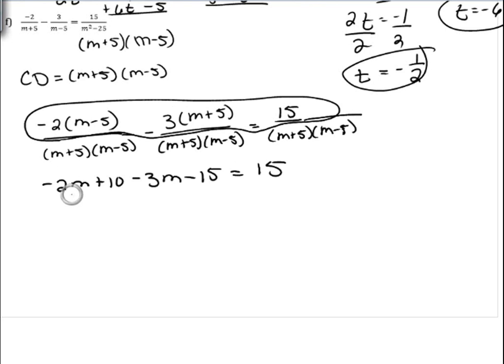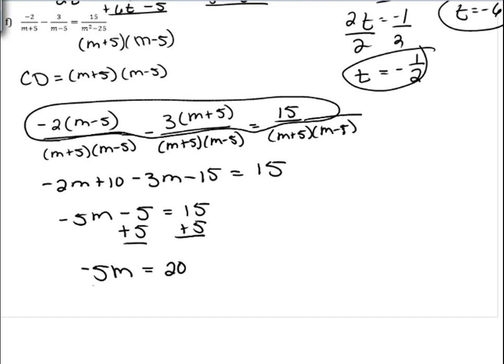Combining like terms, we have negative 2m and negative 3m, so that's negative 5m. 10 and negative 15 is negative 5, and it equals 15. Now we want to add 5 to both sides. That gives us negative 5m equals 20, and then we need to divide both sides by negative 5. This gives us m is equal to negative 4.